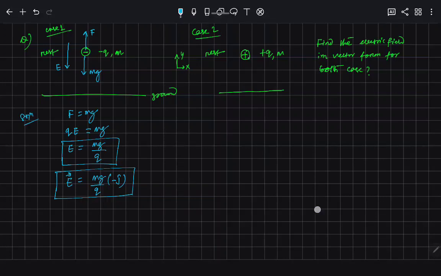In the second case, obviously mg will be downward and the electrostatic force will be upward.